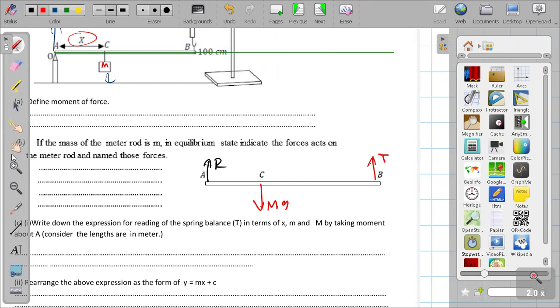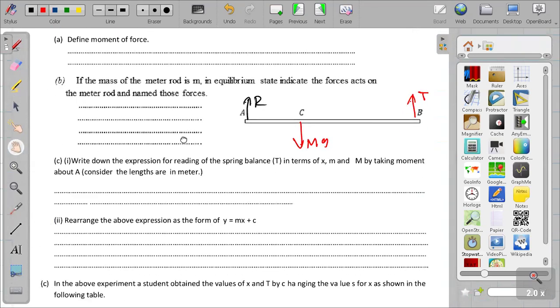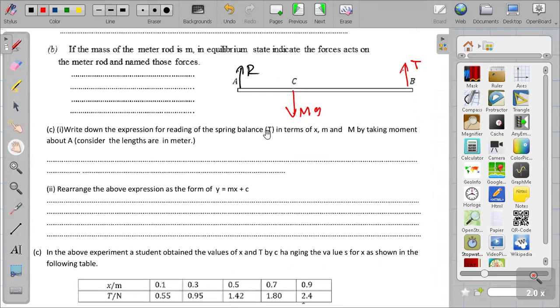Okay. So then name these forces. R is the reaction force, the force from the knife edge.